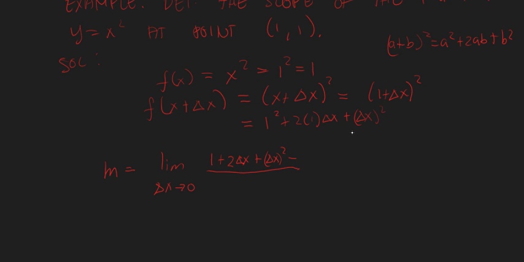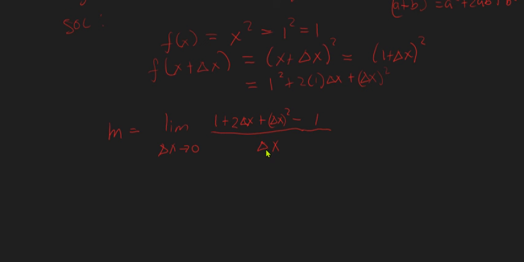Then we need to subtract what? Subtract f of x, which is equal to 1. Then you divide this one by delta x. Then take the limit. So before you take the limit, because you have a denominator here and it's approaching 0, we need to simplify first. So how do we simplify? We can cancel that. 1 minus 1 is 0.